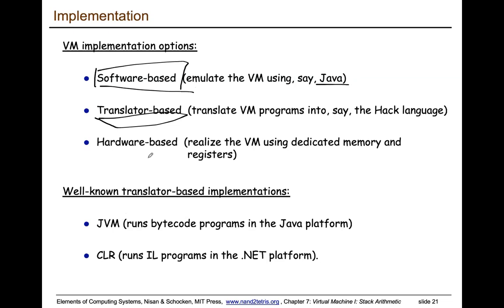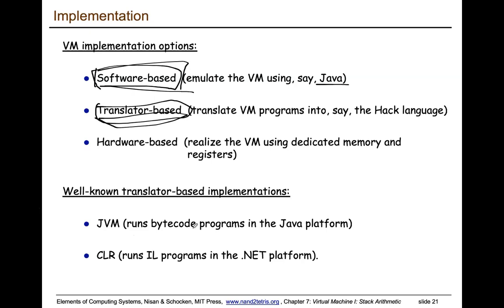And of course, you can do a hardware-based virtual machine. This one will realize the virtual machine using dedicated memory and registers, not shared with the ROM and the RAM in the computer, but you will set up another place only for the virtual machine. The well-known one is translator-based, and software-based ones usually are based on a translator.